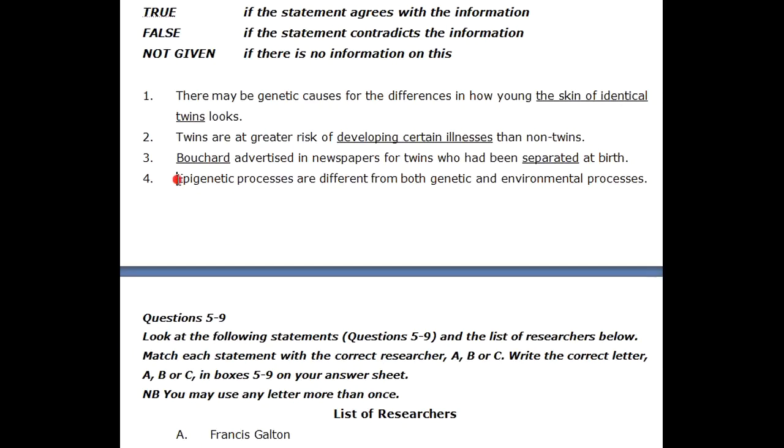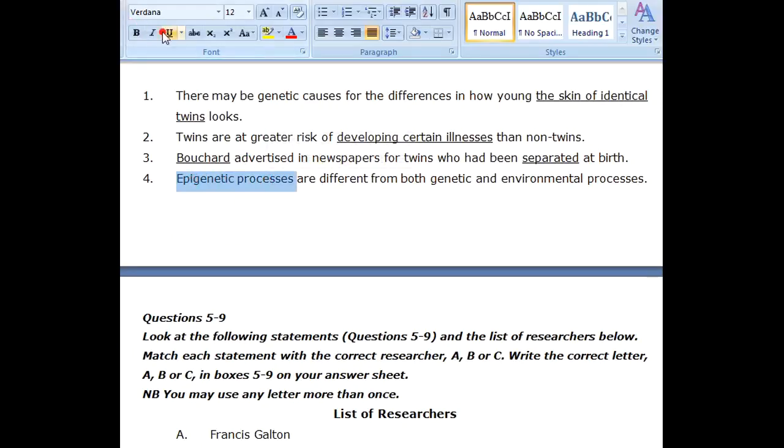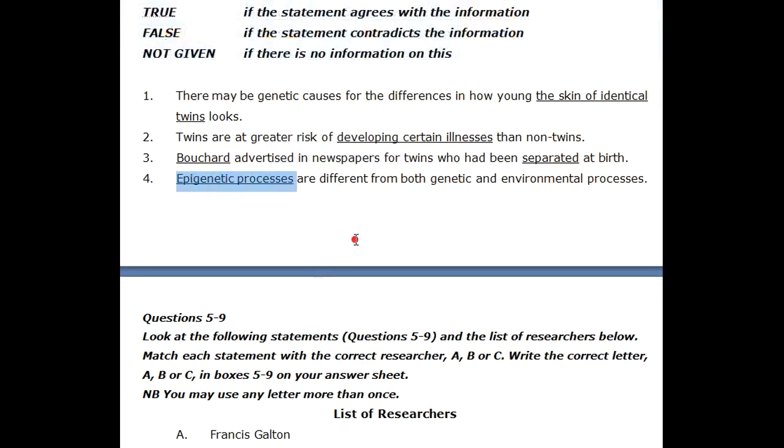The last keyword for you is: epigenetic processes are different from both genetic and environmental processes. So I'll take this as the keyword. This is my keyword here: epigenetic process. So I have to keep searching with the keyword epigenetic process. What I have to find out is whether it is different from both genetic. Okay, so is it totally different from the genetic and environmental process? This is what we have to find out.